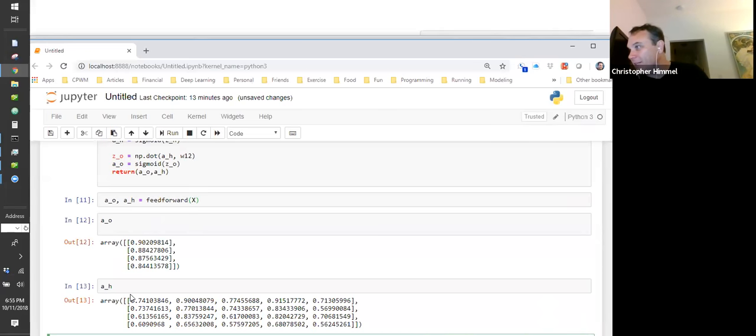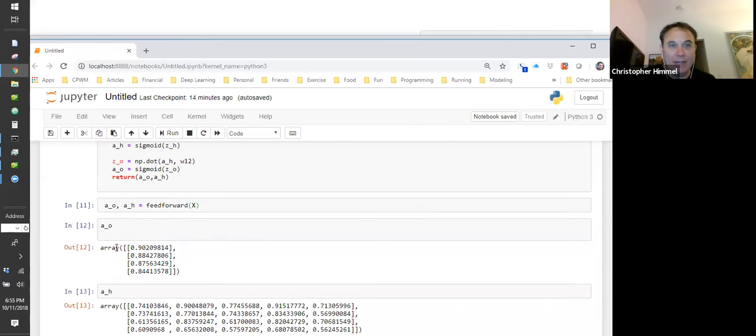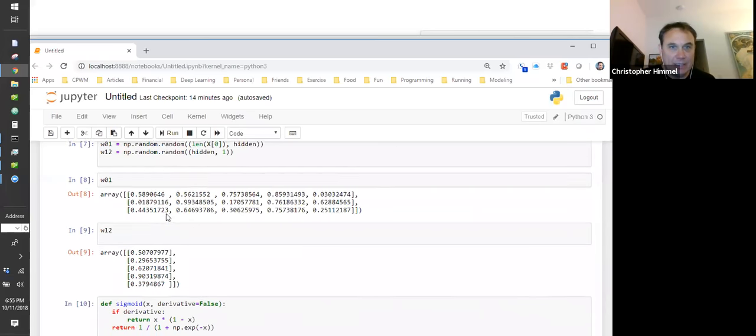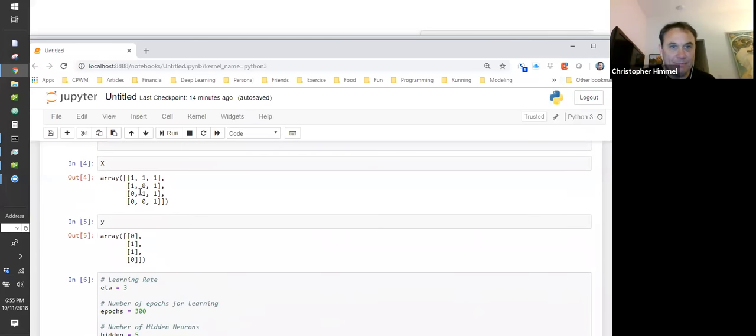Okay, I don't see anybody piping up in the chat. What it is, I passed in X. X is not just one set of inputs. It's 4 sets of inputs.